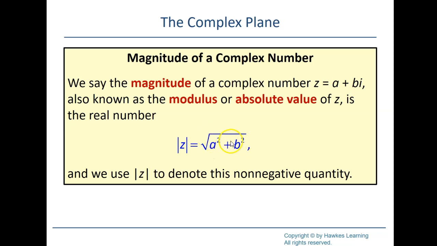So -2 squared plus 5 squared would be 4 plus 25. The square root of 4 plus 25 would be the square root of 29. And that would be the magnitude of that number. Alright, it's its absolute value. It's how far that number is from the origin of the complex plane.